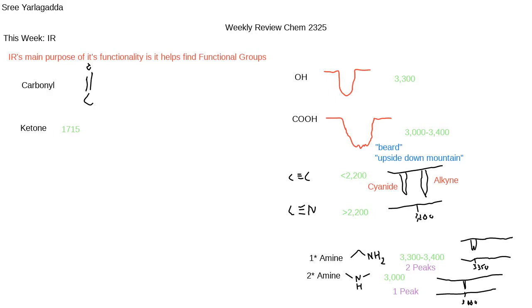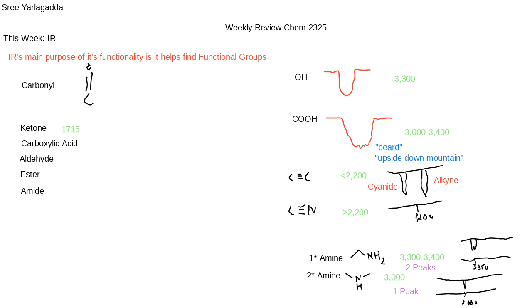But I'll still write it down here. Carboxylic acid. So let me write these down and I'll write the numbers later. Aldehyde, ester, then we have amide. Okay.